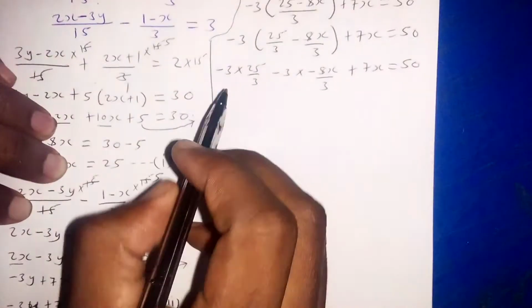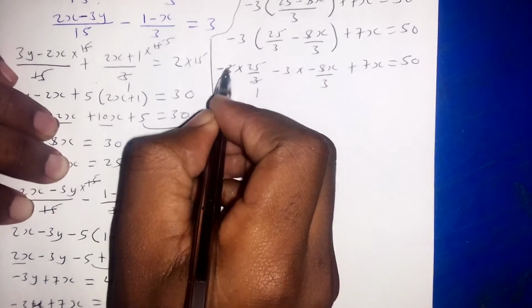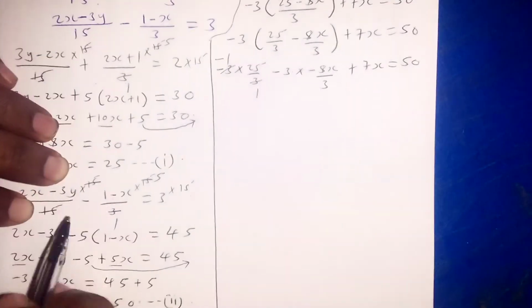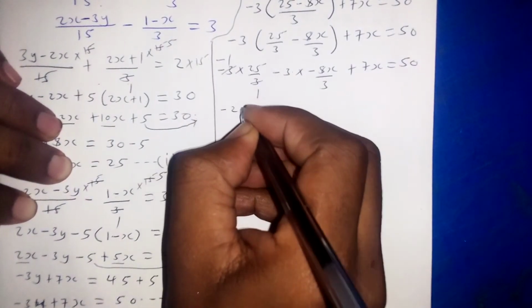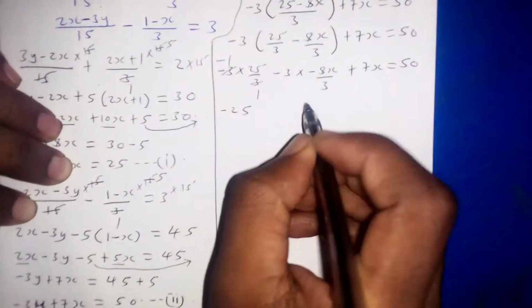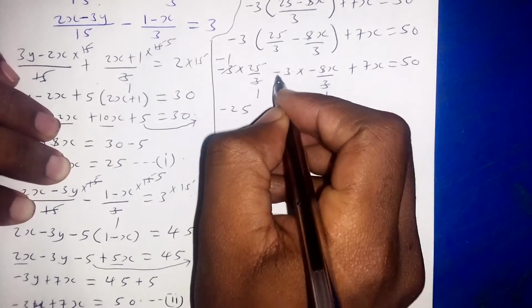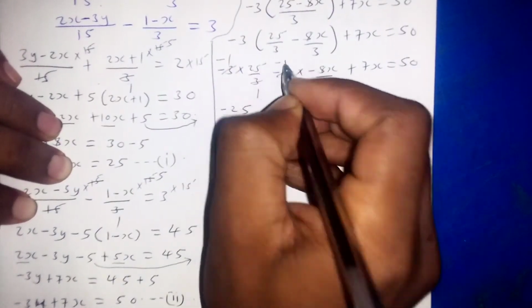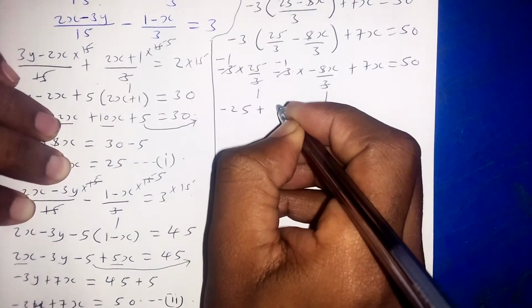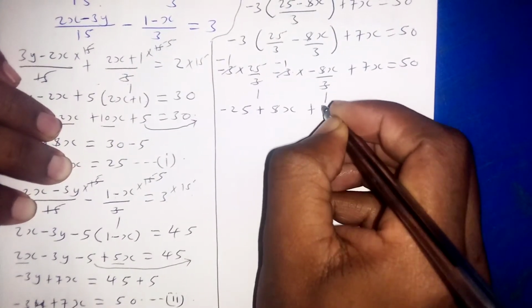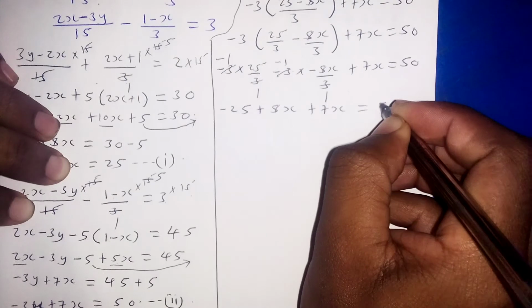So 3 into 3, 1; 3 into negative 3, I'll get negative 1. So negative 1 times 25, I'll simply obtain negative 25. Then 3 into 3, 1; 3 into negative 3, I'll get negative 1. Negative 1 times negative 8x, I'll get a positive 8x, then plus 7x is equal to 50.